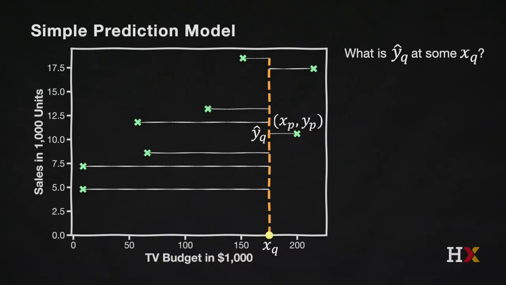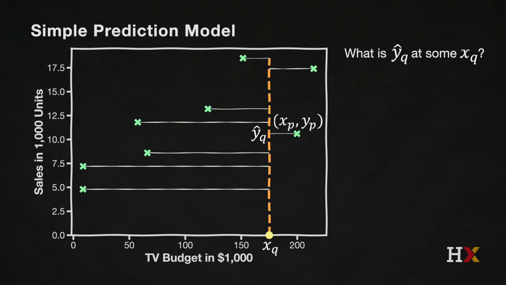Now we can apply that to our data and our model. We have our data, and someone is asking what the sales are for a TV budget of $175,000. What I can do is look at all the other examples I have, find the most similar one, and that will be my prediction.